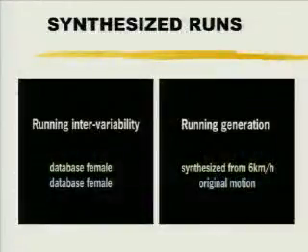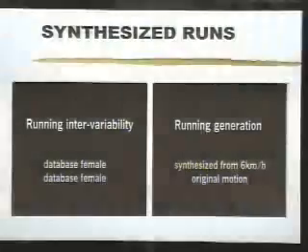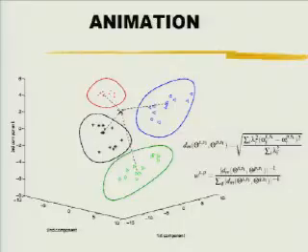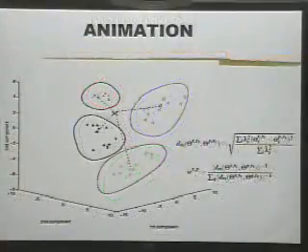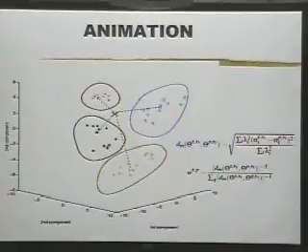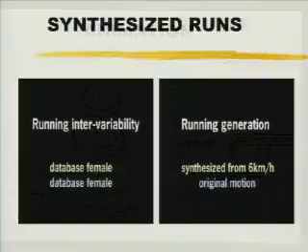Which means we can now take that walk we just saw and speed it up by taking the weights we just computed, using samples of the other people walking faster or slower, using the same coefficients, same weights, and synthesizing what that person would look like if she walked faster than what we observed.